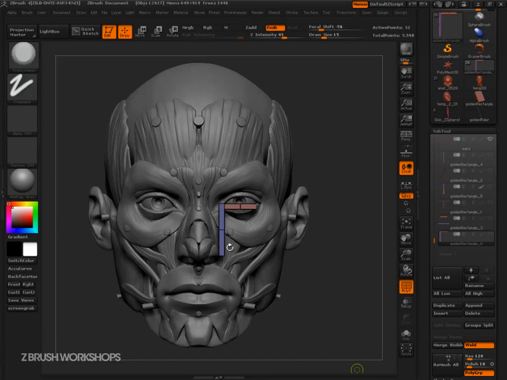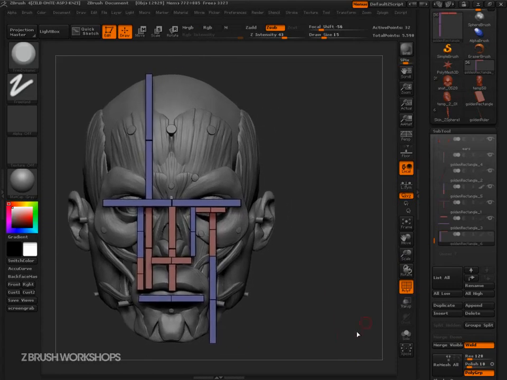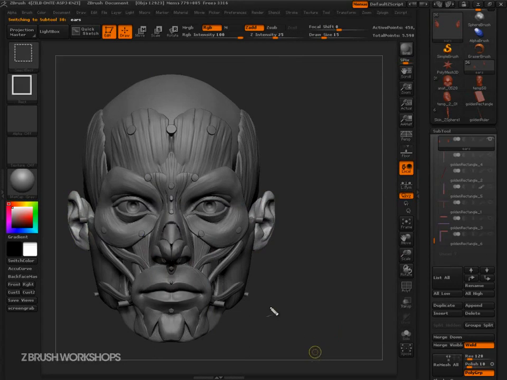So let's recount what we've done. Let's recount the options that we're making available. These are all those different grids that we're making possible, but let me hide them for the moment. Turn polyframe off. Okay, first thing we're doing is finding the nose. So that becomes the number one point that we find.